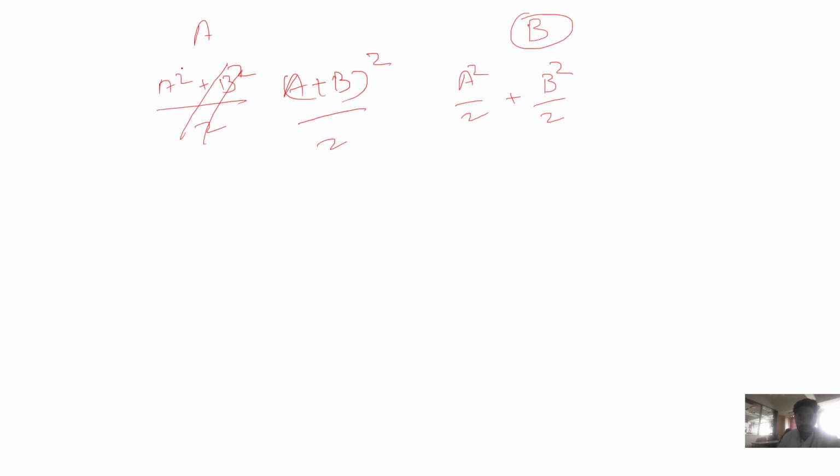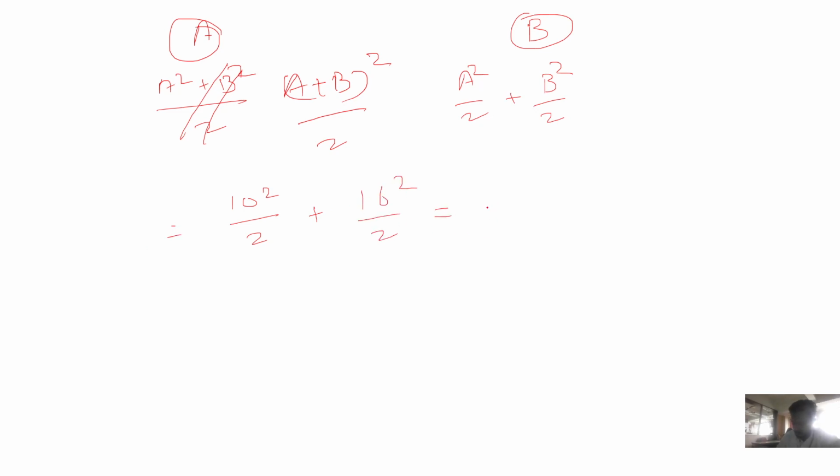It should have been a square by 2 plus b square by 2. Sorry, this was a plus b, and the b1 was this one. Therefore, the equation should be 10 square divided by 2 plus 16 square by 2.